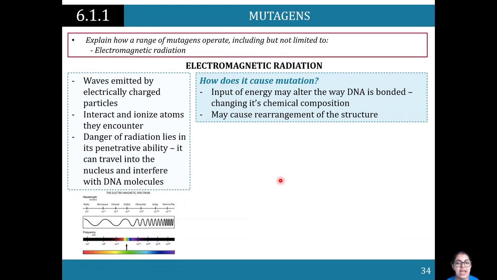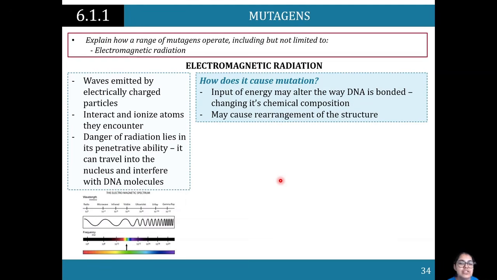They interact and ionize atoms that they encounter, and the danger of radiation lies in its penetrative ability. So electromagnetic radiations can penetrate quite deeply, and they can travel into the nucleus, and they can adhere with DNA molecules, and they can lead to the creation of free radicals. So it's not very good at all.